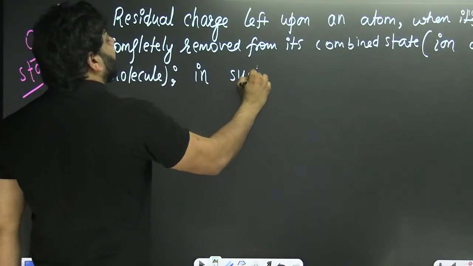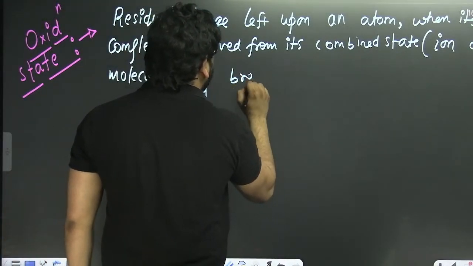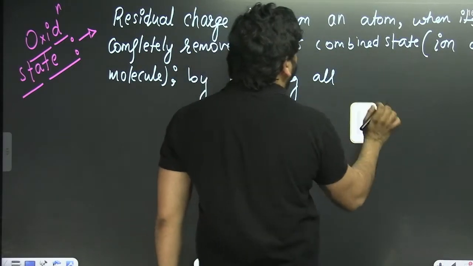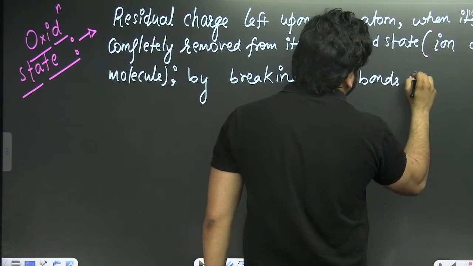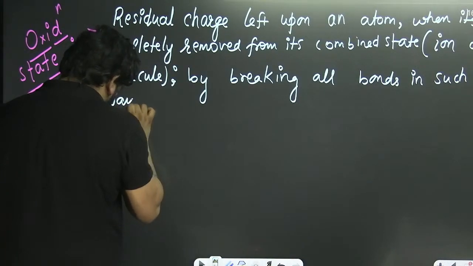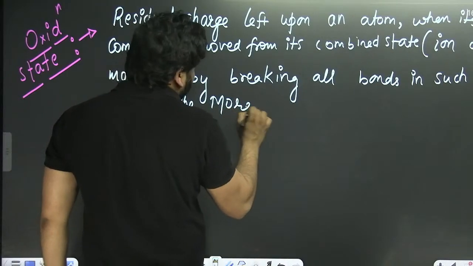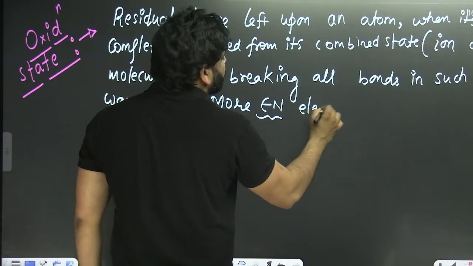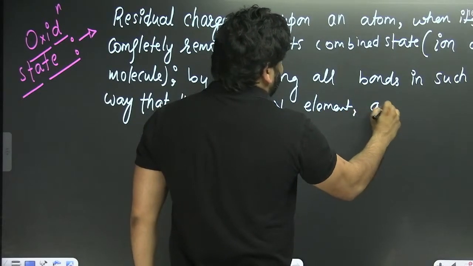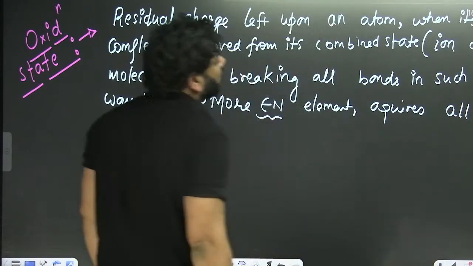It is done by breaking all bonds in such a way that the more electronegative element acquires all the shared pair of electrons.